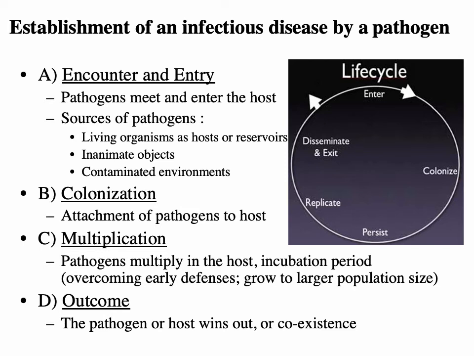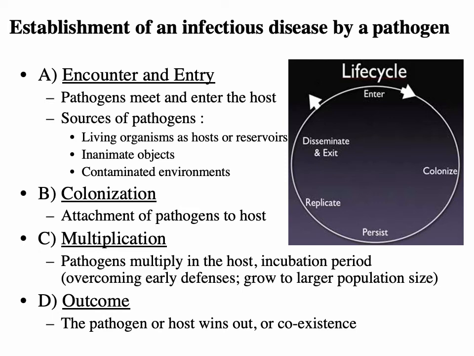When we come in contact, this pathogen needs to find entry. That depends on the route of transmission, whether it's inhalation, sexual contact, surgery, or maybe a dental procedure, whatever. There's a way for them to enter the body.